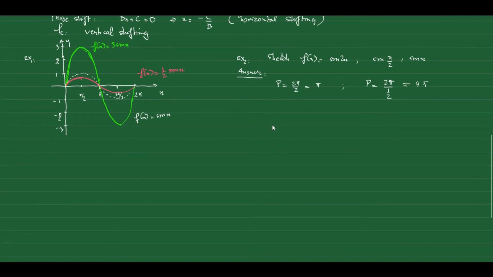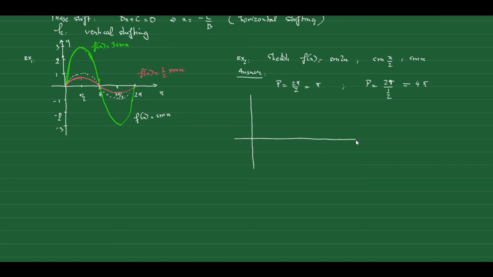All right. So I'm gonna go ahead and sketch them. Over here, if you notice, the a value is 1, so that's good. It's not stretching vertically or compressing vertically. This is stretching horizontally and compressing horizontally only.